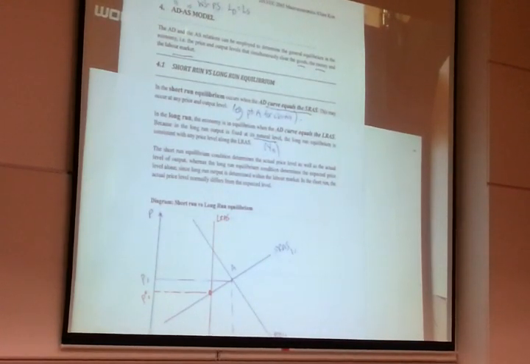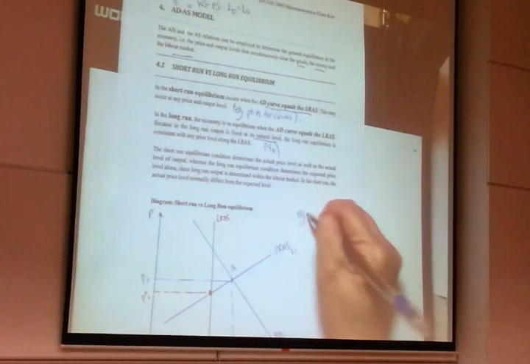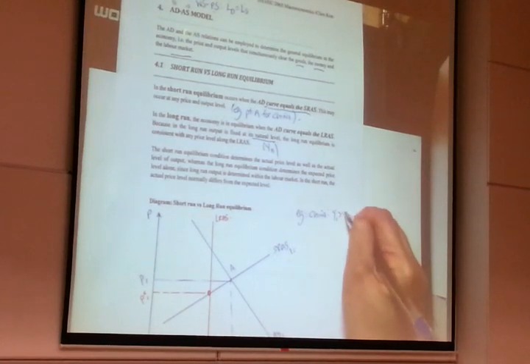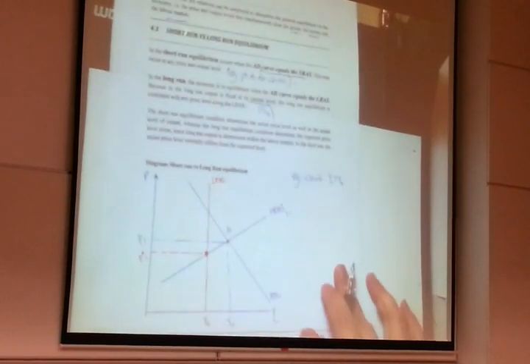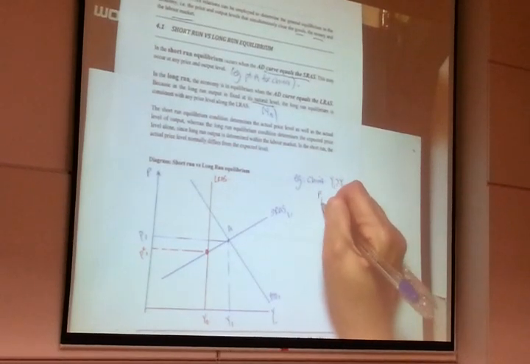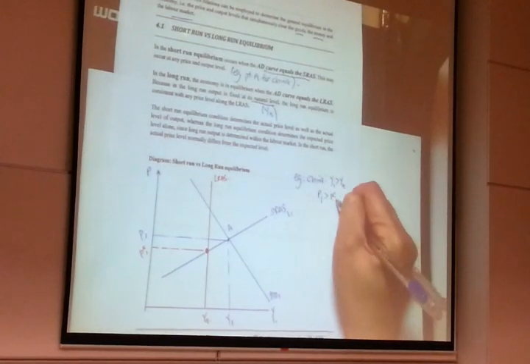So if you look at China, her Y1 is more than Yn, and at the same time, her actual price level, P1, exceeded her PE1.